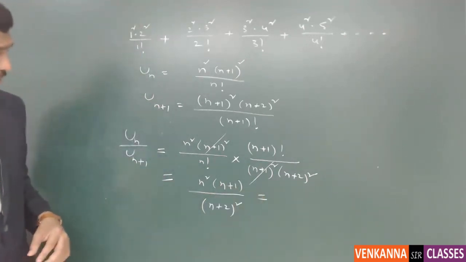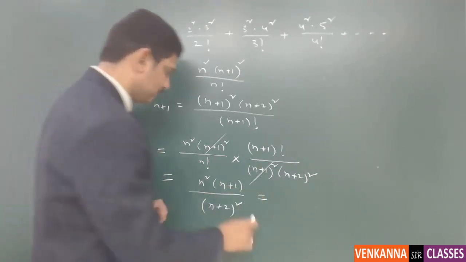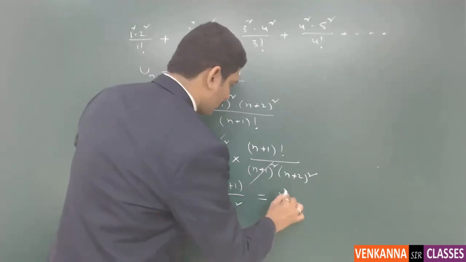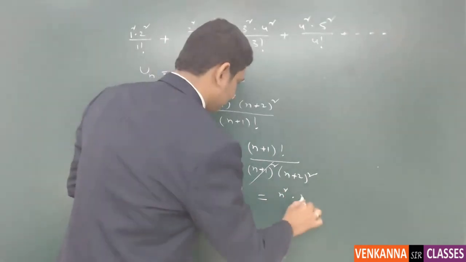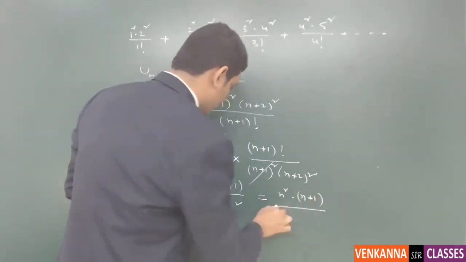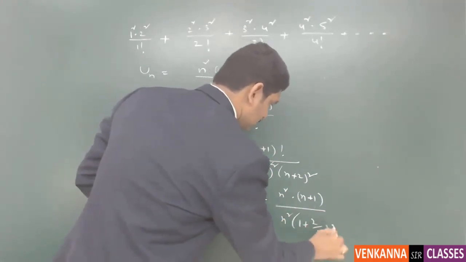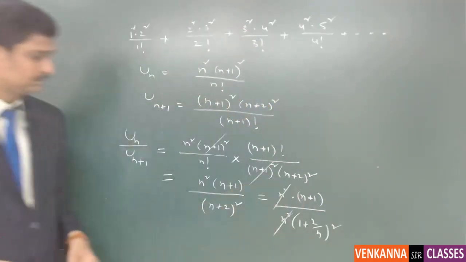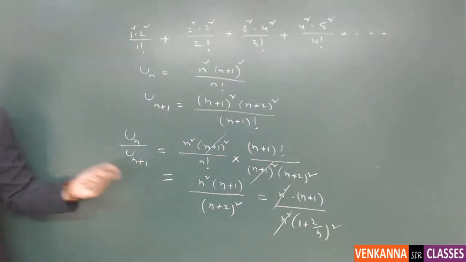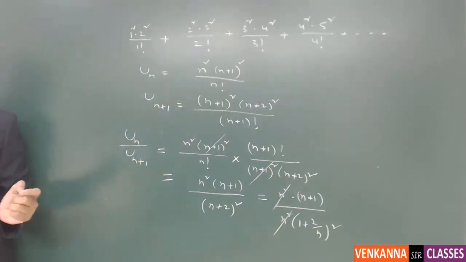This equals to n square into n plus 1 by n plus 2 whole square. Is that okay? Yes or no?